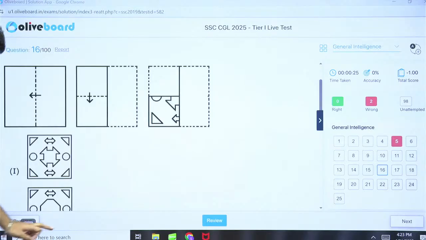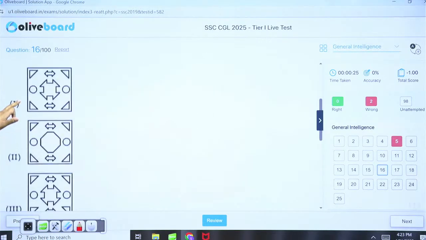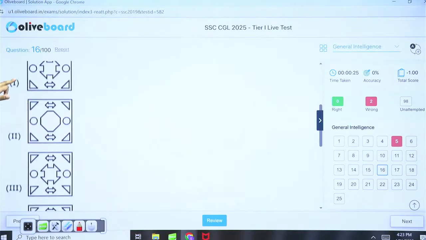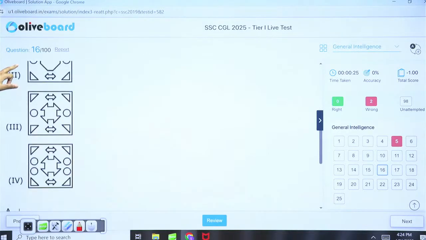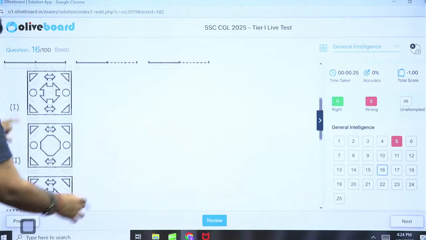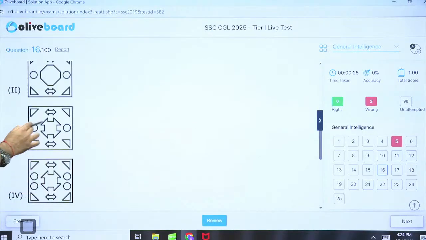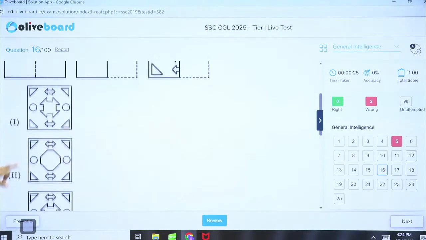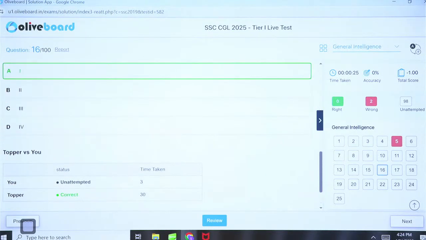Rest everything is symmetrical. Now this is not possible, and out of this there will be a single circle because it is half here. So this is also not possible. You have to check between this and 1, and here you can see that if the triangle flips, it will go like this, not like this. There is no symmetry, so only figure 1 is possible. This is option A.